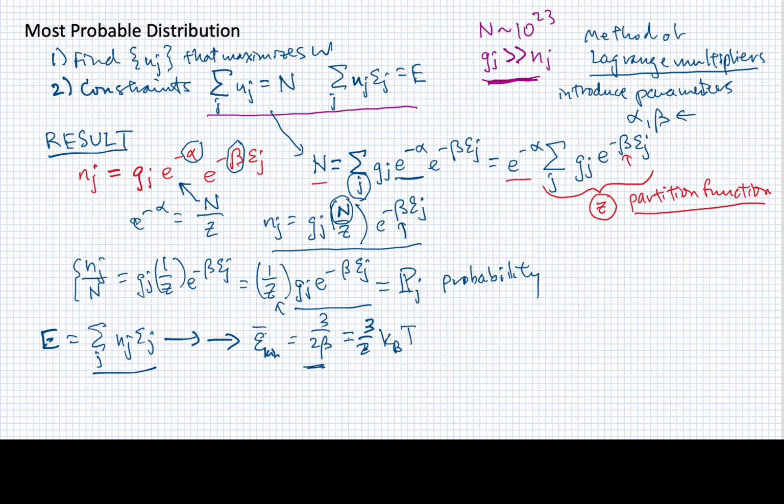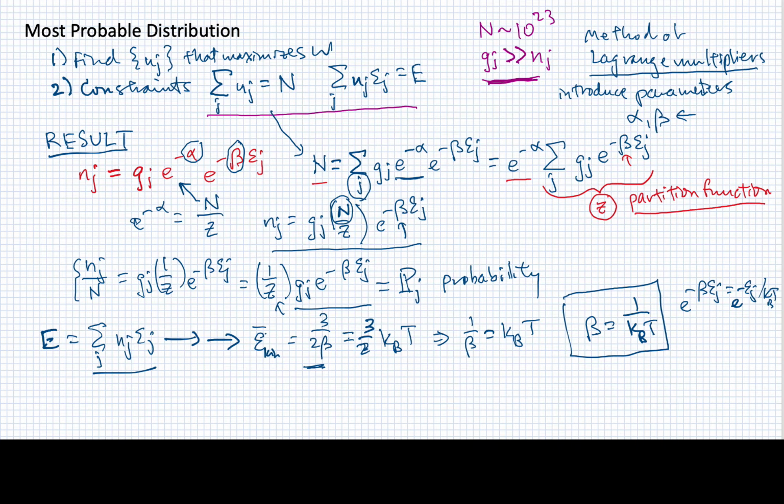So now if I have these two bits equal to each other, that's basically saying that 1 over beta is equal to the Boltzmann constant times temperature, or I can simply write that beta is equal to 1 over kBT. And this result is very central. This means that e to the minus beta Ej is actually e to the minus Ej over kBT.